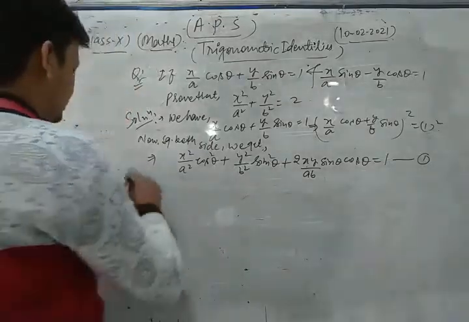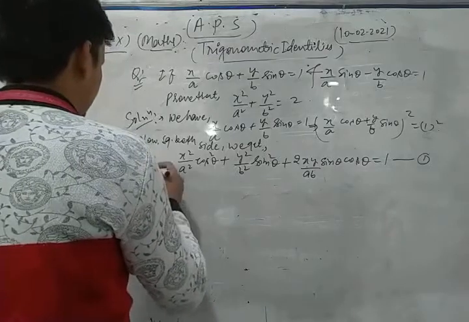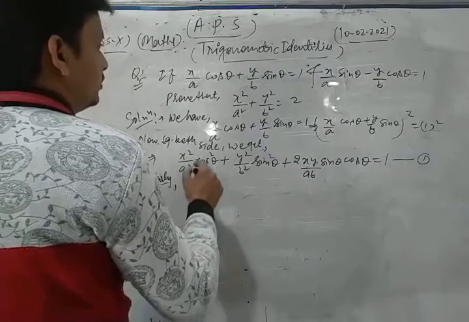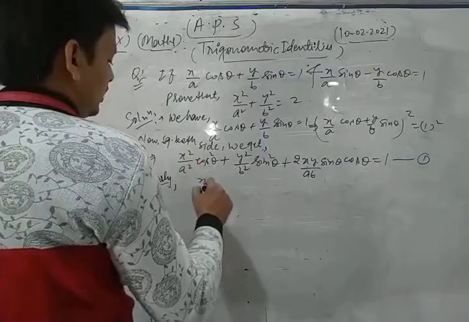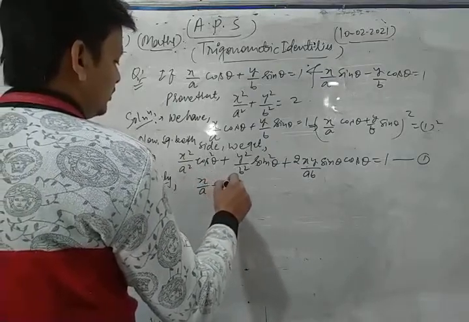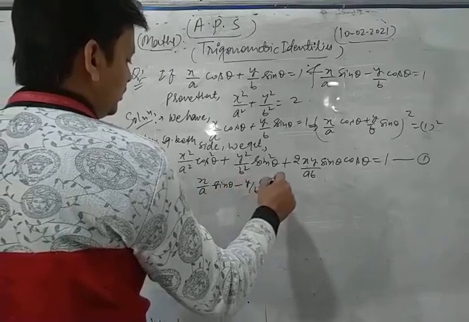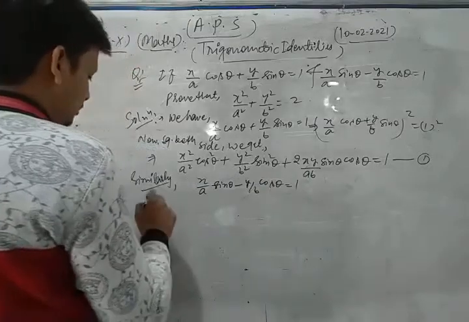Okay, dear friends. Similarly, we have the second relation: x upon a sin theta minus y upon b cos theta is equal to 1. Now again squaring both sides.